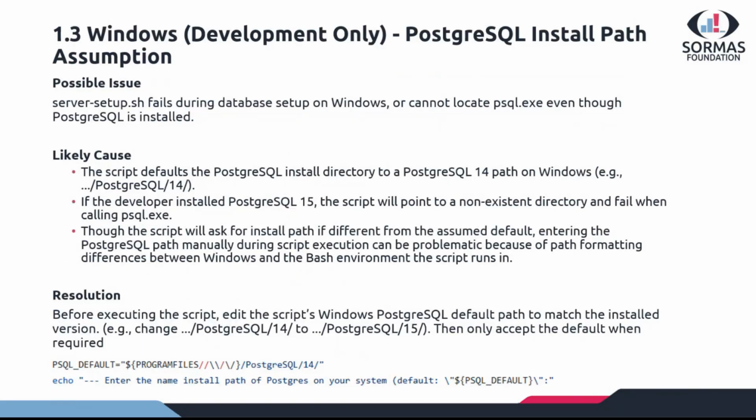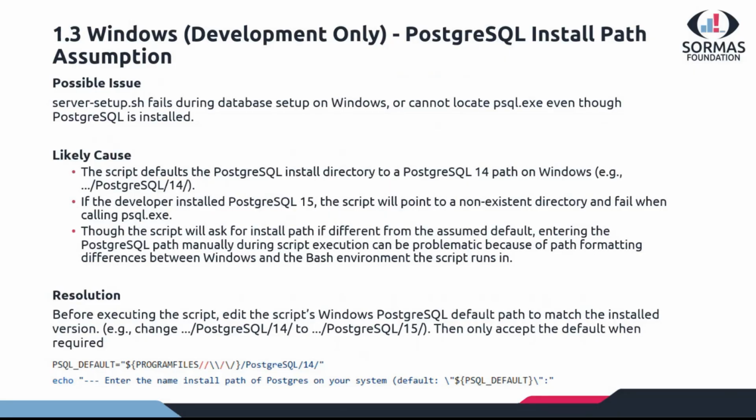For Windows, this is for development purposes only. When you're setting up SORMAS for development on your Windows server, if you do not have the version of PostgreSQL assumed by the server setup script, you may run into some issues.